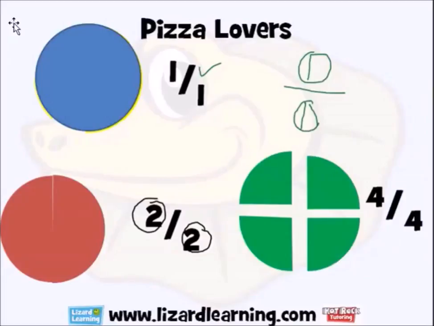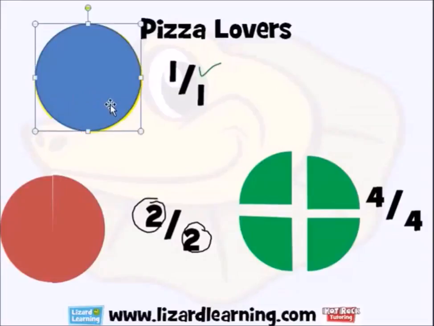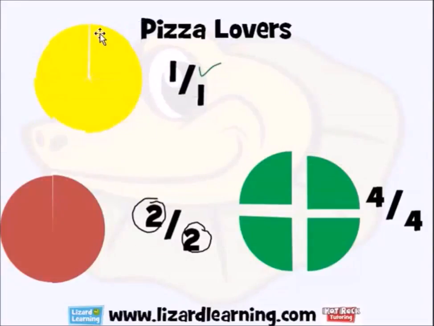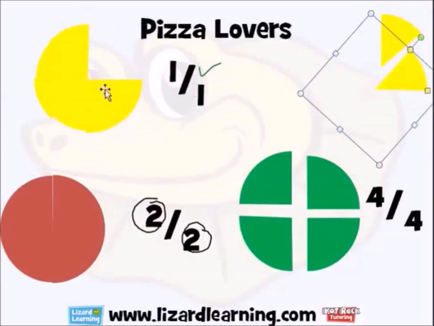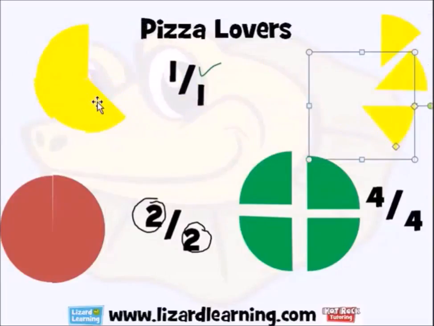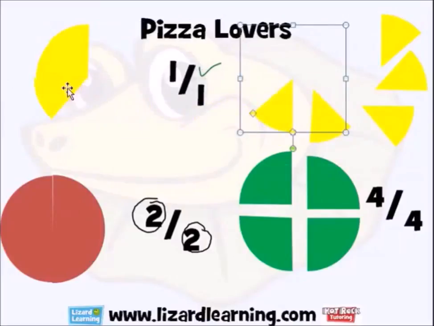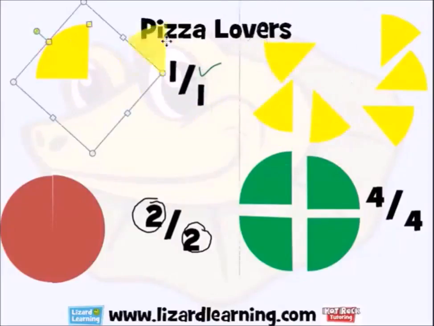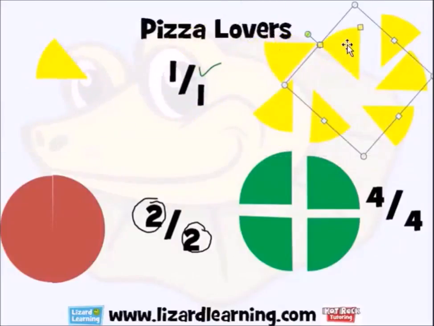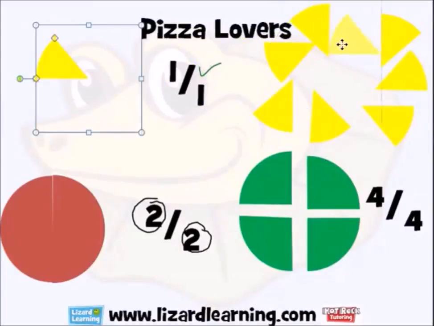So, let's get rid of that. How about now that I get rid of that's the whole pizza. Now if I chop this pizza into 1, 2, 3, 4, I'm chopping it into 8 bits, 5, 6, 7, and 8.